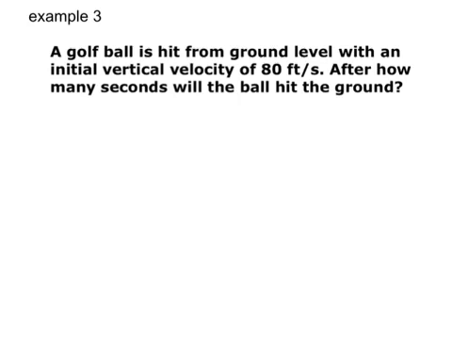All right, a golf ball is hit from ground level with an initial vertical velocity of 80 feet per second. I'm going to write that equation that's on that last slide because it's the one that we're going to use for everything. V0 is initial velocity. H0 is initial height.